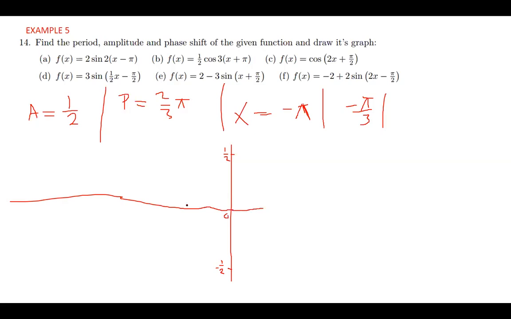And then just by inspection, you can know that negative pi should be somewhere there, and then I'll put my negative pi over 3 there. So here, it's a little bit tricky, as I said. To find the divisions between, you divide your period by 4.